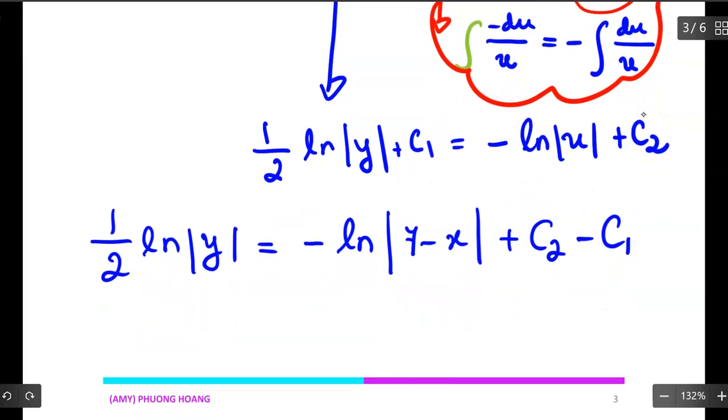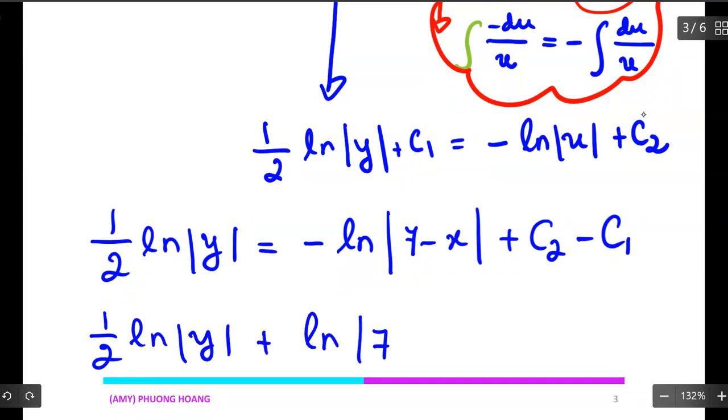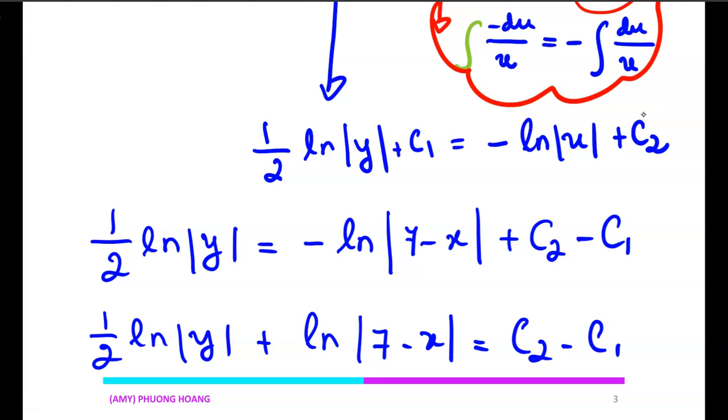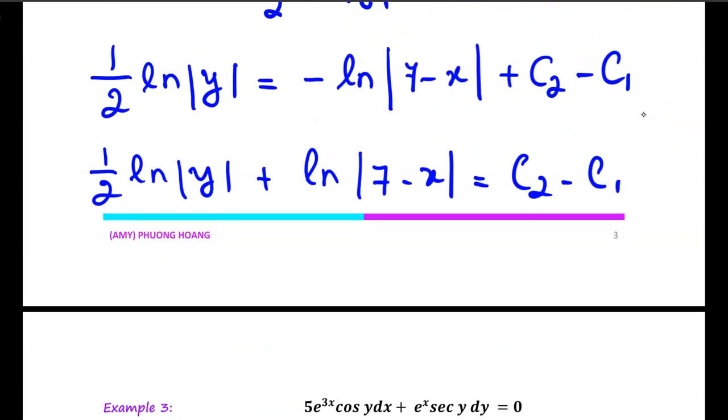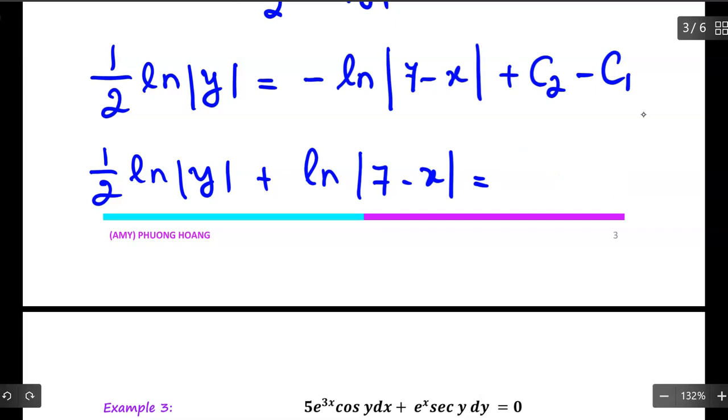Now I need to bring this over to the side. c2 subtract c1. So what do I have next? It is to rewrite this in terms of just c. So I can go ahead and just write it as c, and then I'm done.